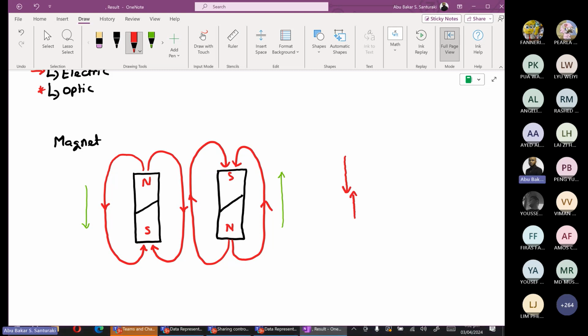Imagine you have two pipes of water and the water is gushing out of these two pipes and you face them opposite each other. When they come close enough to each other and they're moving in the opposite direction, they will create a swirl. That swirl is like a vortex, and this vortex sucks everything inwards. That's why the magnets now attract.